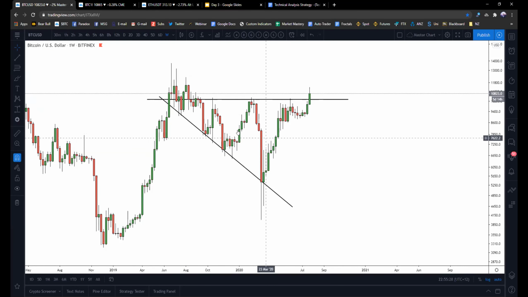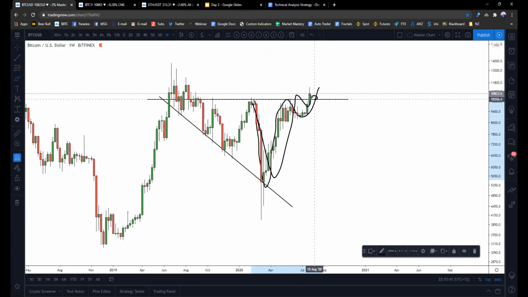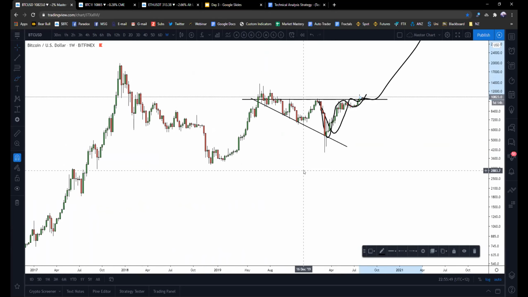But all this is what we call a right-angled wedge or broadening wedge, because it's getting wider and wider. So that's why it's the broadening part of it, right? And now that we're above here, what this tells traders is to understand the pattern. This is a very bullish recovery. It's like a V recovery, right? And once it's recovered, it's game time to a new high usually in most markets.